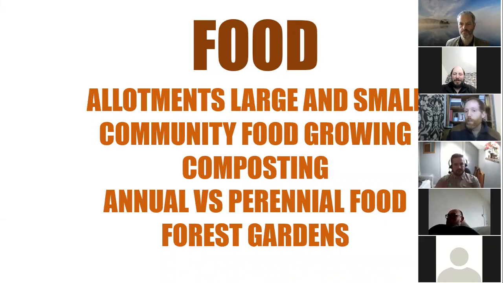You can provide allotments, which gives a relatively small number of people a very strong connection to a space. And often that gives you a user group that will then do lots of other things in the park and be an asset. Or you can do community food growing that's open to everyone.